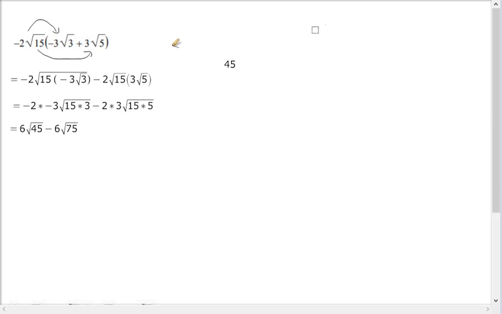So 45 here, remember we simplify with the prime factorization, so we have 3, which gives 15, then 15 is divisible by 3, which gives 5, and finally 5 is only divisible by 5, that gives us 1. Then you are going to have groups of 2 because the index is 2 here, and you are going to have 3 to the second multiplied by 5.